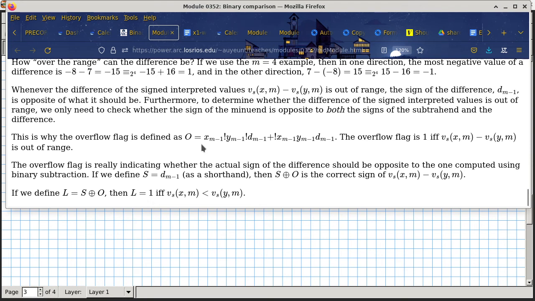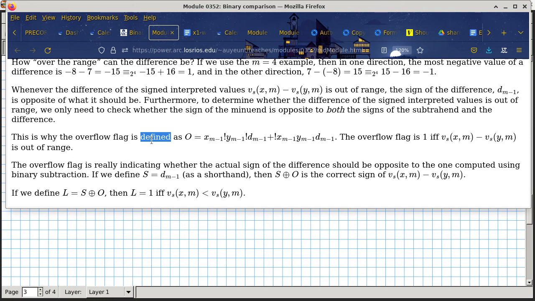All right, so the first thing we notice is, oh, O is defined here. This is why the overflow flag is defined as blah, blah, blah, blah. So the most important keyword here is it is defined. Overflow or big O is defined to be blah, blah, blah, gibberish. But what does that gibberish mean?